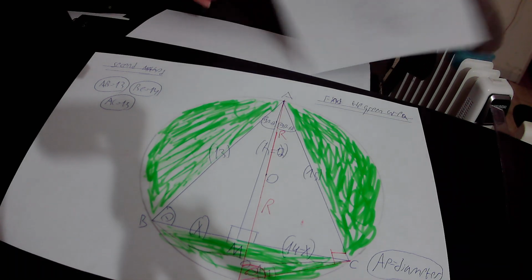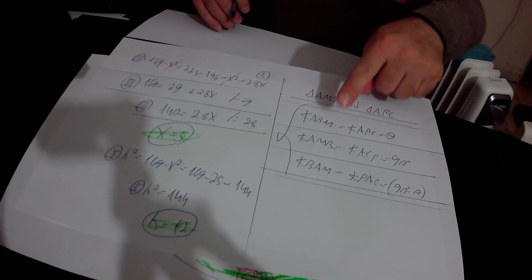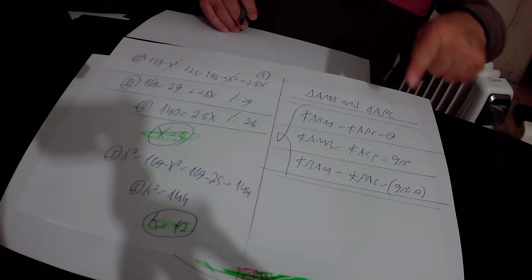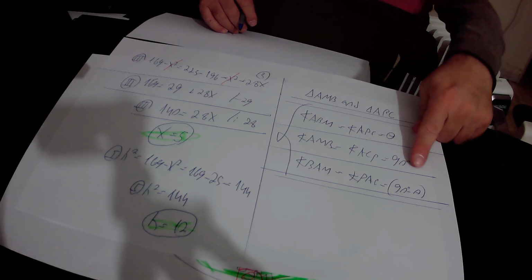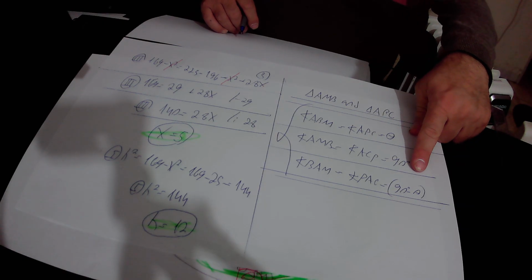Now repeat again. Angle BAM in triangle AMB equals angle PAC in triangle PCA. They are both equal to 90 degrees minus theta, therefore they are equal to each other.